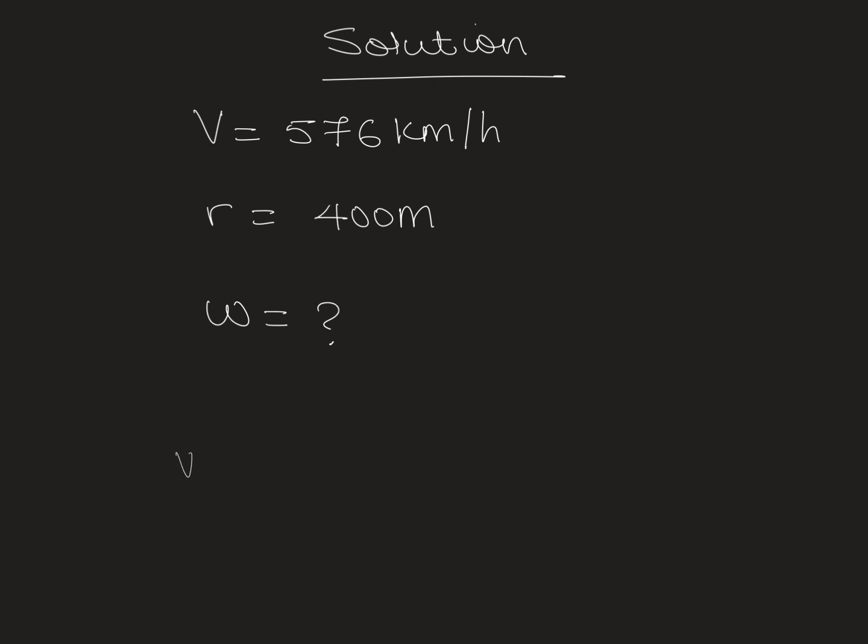Remember, the linear velocity in meters per second will be equal to the linear velocity in kilometers per hour, multiplied by 1000, then divided by 3600.